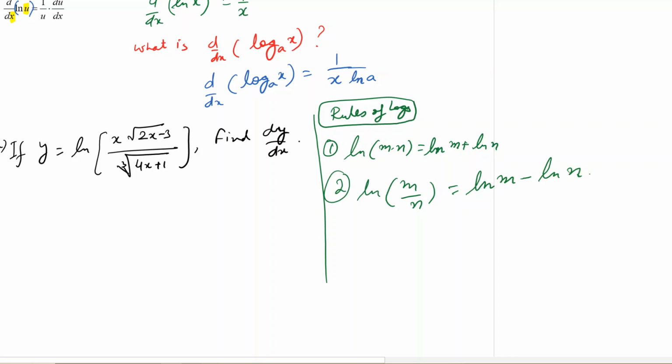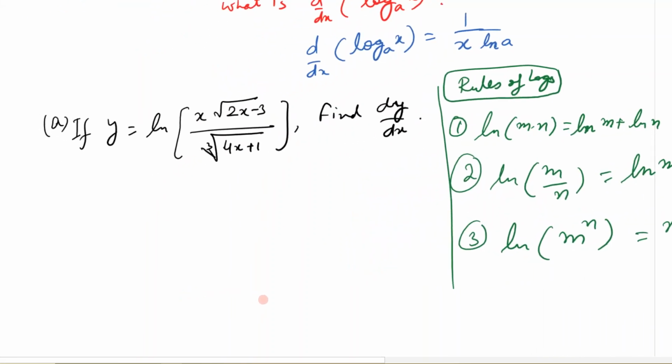And if you have something raised to a power, m raised to the power n, this is the power rule, so you can bring the power in front and write this as n ln m.